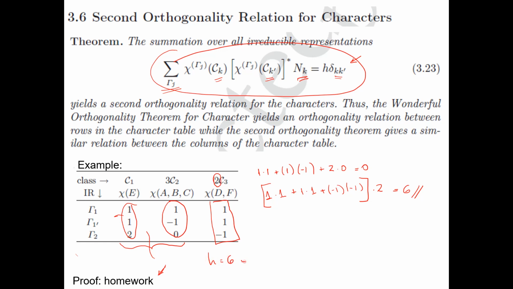So it must be equal to the sum of the dimensionalities of the representations. You have two one-dimensional representations, gamma 1 and gamma 1 prime, and one two-dimensional representation, gamma 2. So basically the last result we have shown in this lecture means that 1 square plus 1 square plus 2 square equals 6, which of course is true.